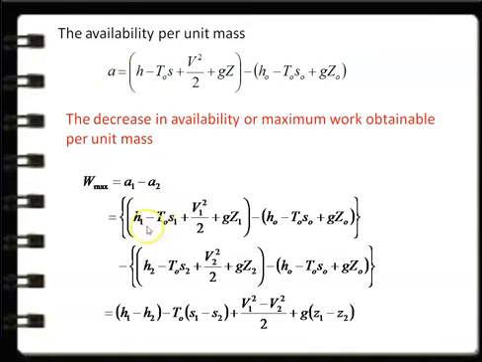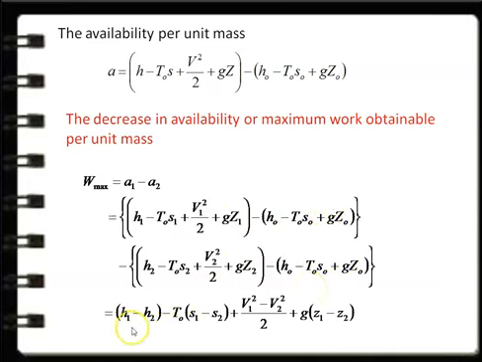Here we substitute for A1: h1 minus T0 s1 plus V1 square by 2 plus g z1, minus h0 minus T0 s0 plus g z0. And for A2: h2 minus T0 s2 plus V2 square by 2 plus g z2, minus h0 minus T0 s0 plus g z0. Mathematically, the second term and the fourth term get cancelled.